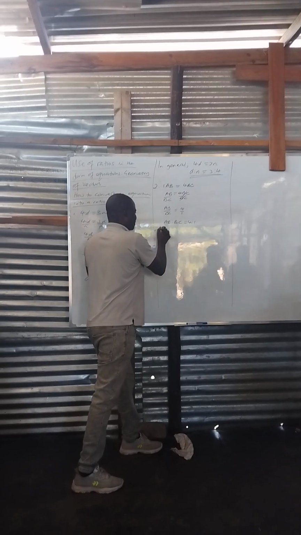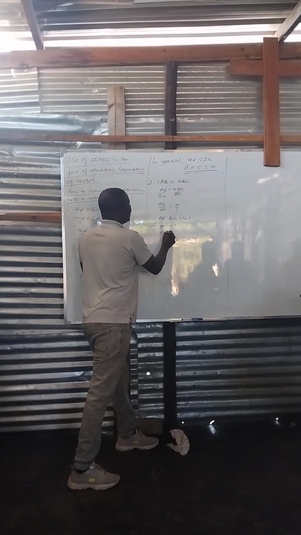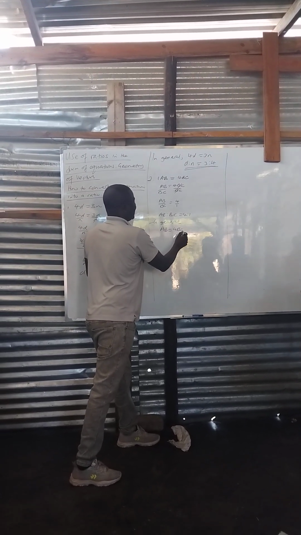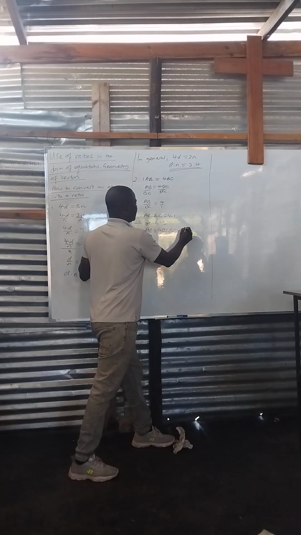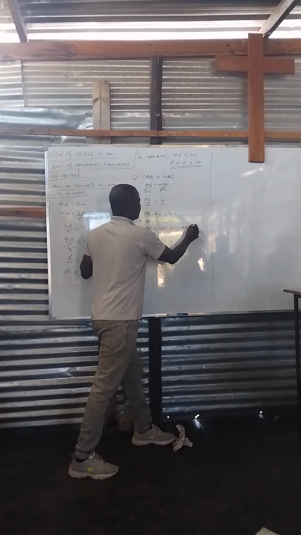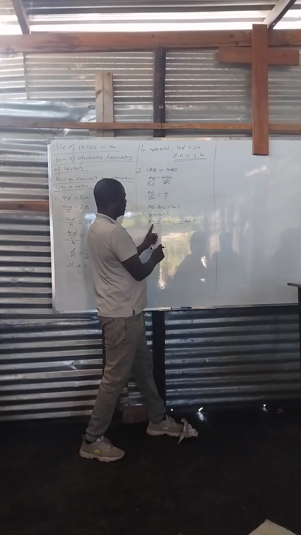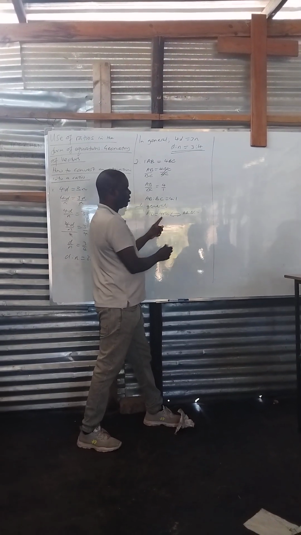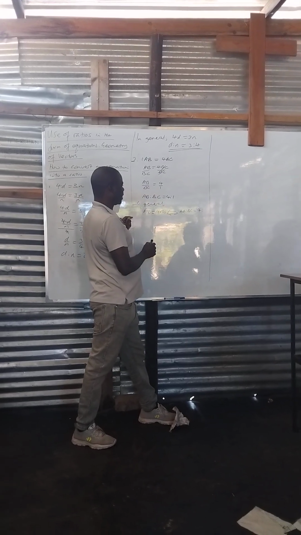So in general, AB is equal to 4BC is equivalent to AB is to BC is equal to, then AB will take 4, because BC will take 1.